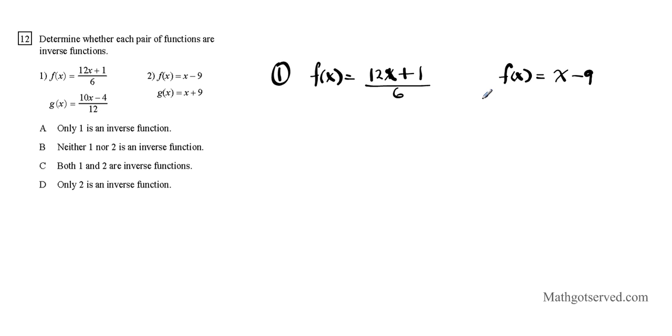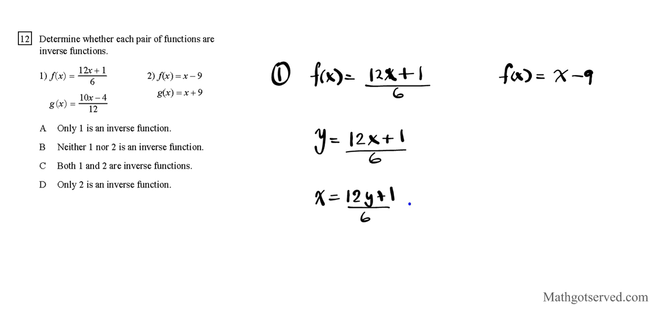That's the question. To do this, let's go ahead and find the inverse of this one right here. So I'm going to go y equals 12x plus 1 over 6. Switch the x and the y. So we have x equals 12y plus 1 over 6.